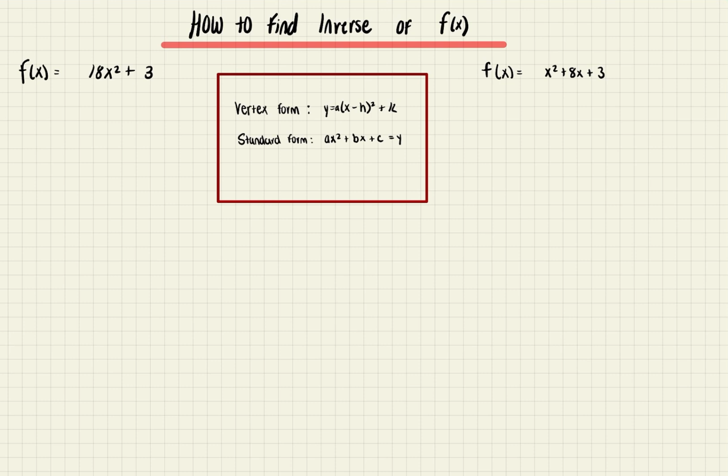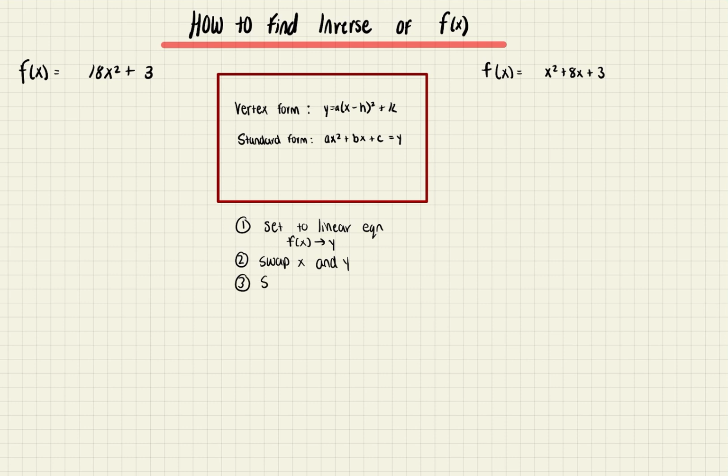The steps I wanted to go through to find the inverse of a function: first, set up a linear equation. All this means is set f of x to y. Step 2, swap x and y in the equations.